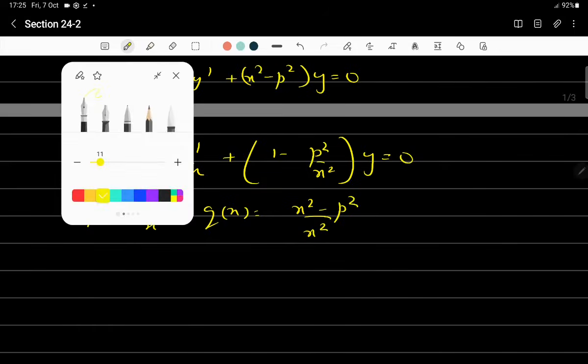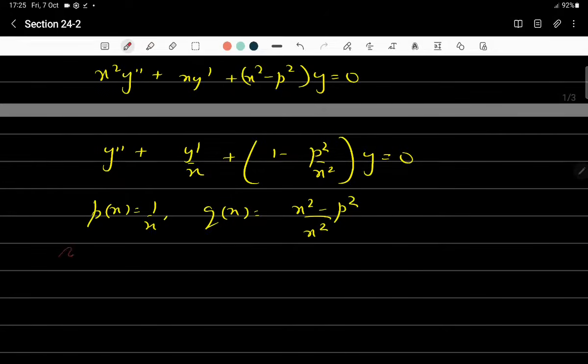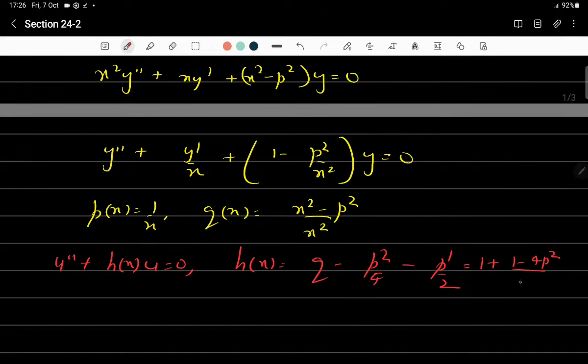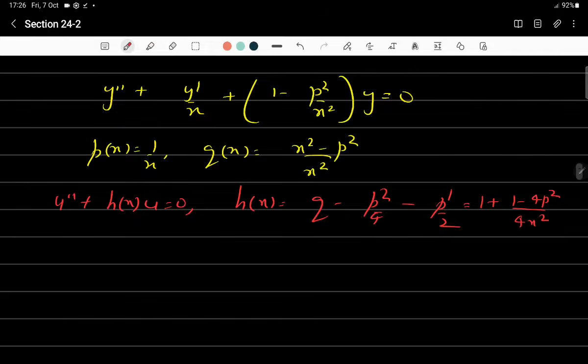Now the normal form is u double dash plus h of x u is equal to 0, where h of x is q minus p square by 4 minus p dash by 2. Now solve it by yourself and you realize that it comes out to be 1 plus (1 minus 4p square) by 4x square.